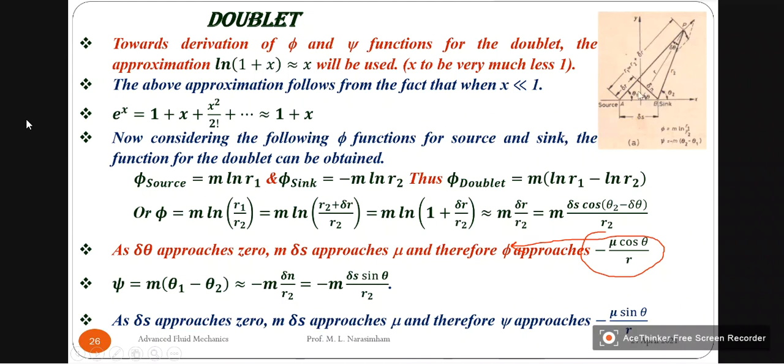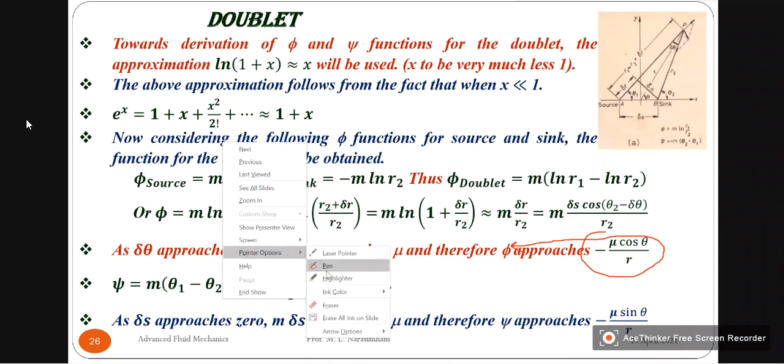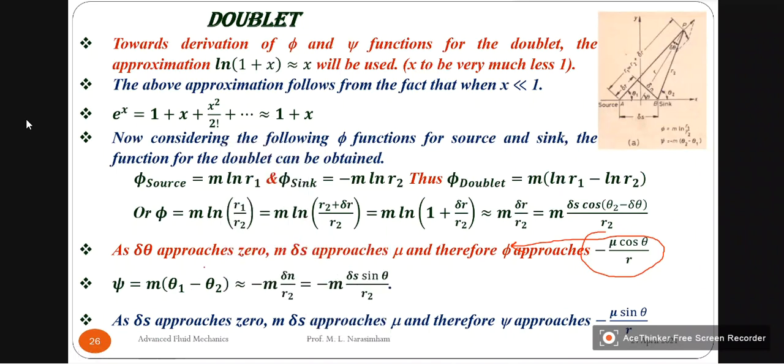So delta n is equal to r theta. So theta is equal to delta n by r. So this is what we have written here. So this theta 1 minus theta 2 is delta theta, and using that, this is what we got, and this delta n is further replaced.